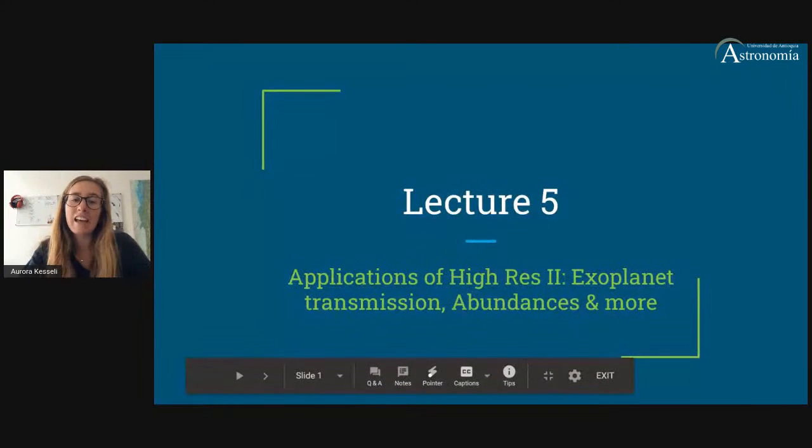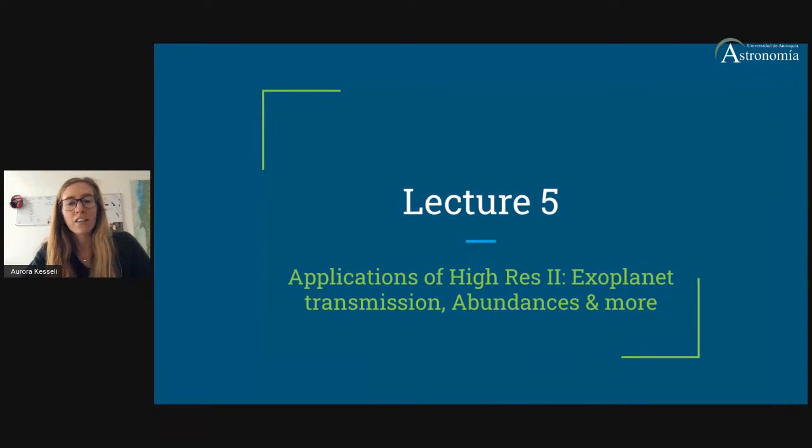Great. So today we're going to be talking about another application of high-resolution spectroscopy. We started talking a little bit about characterizing exoplanets yesterday with high-resolution spectroscopy, and we talked about the Rossiter-McLaughlin effect and how you can measure the spin and the orbit coupling of the planet and the star.